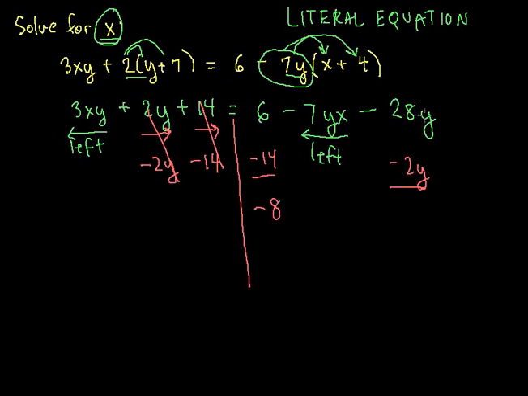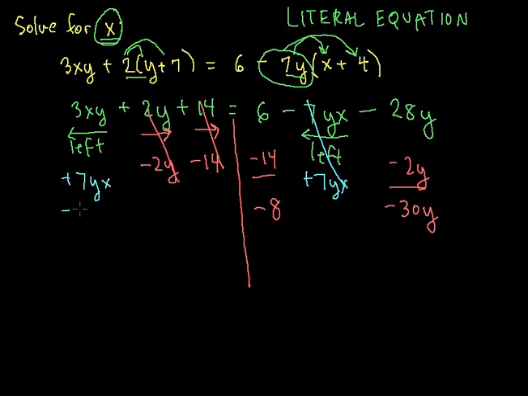And negative 28 minus 2 is negative 30y. And now we're going to move this minus 7yx to the left-hand side. So how do we do it? Well, add it, right? So plus 7yx gets rid of the minus 7yx.